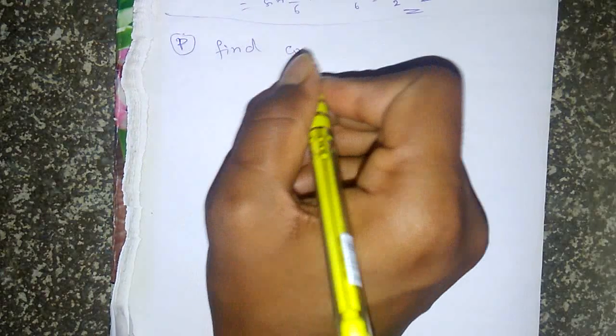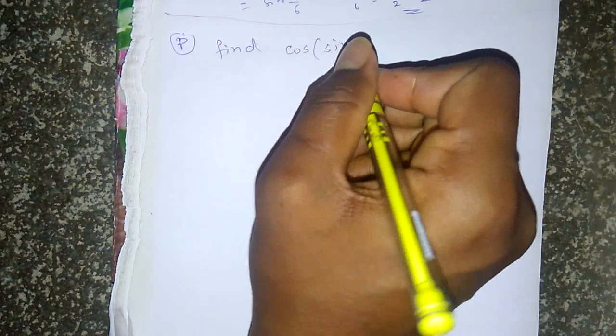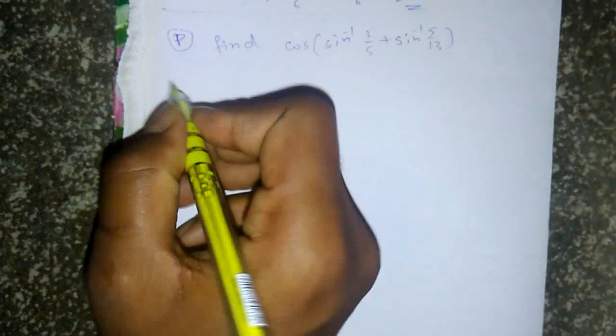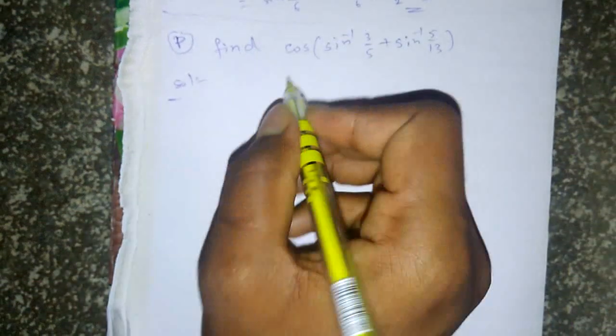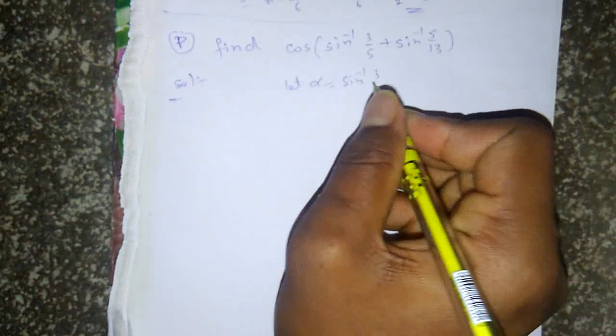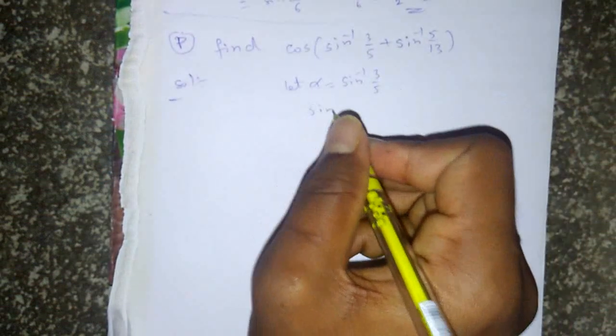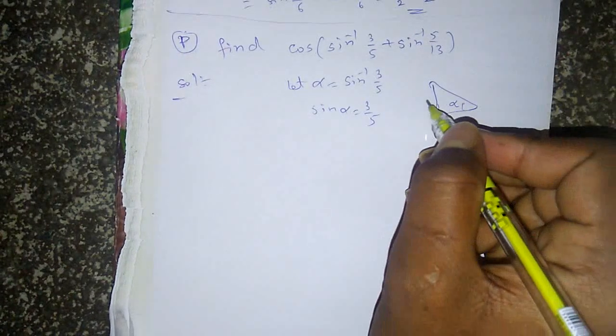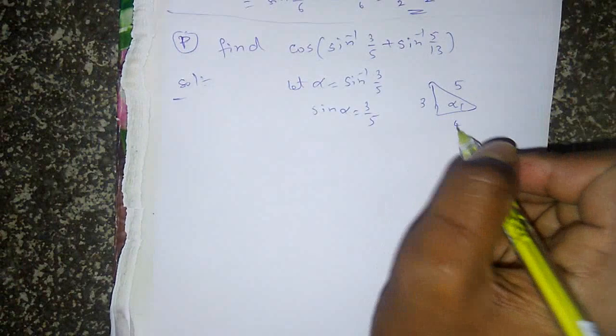Find the value of cos of sine inverse of 3 by 5 plus sine inverse of 5 by 13. So here let us take alpha is equal to sine inverse of 3 by 5, implies sine alpha is equal to 3 by 5. If you take the right angle triangle, this is 3, this is 5, this will be 4.